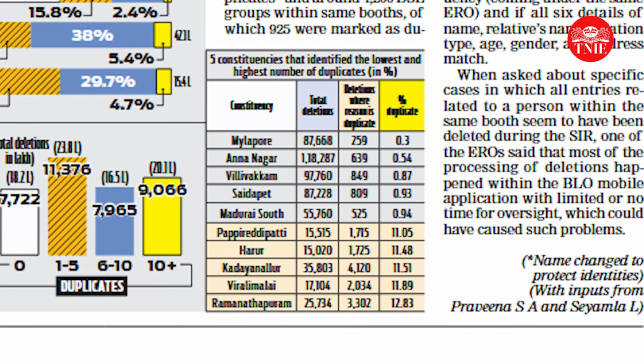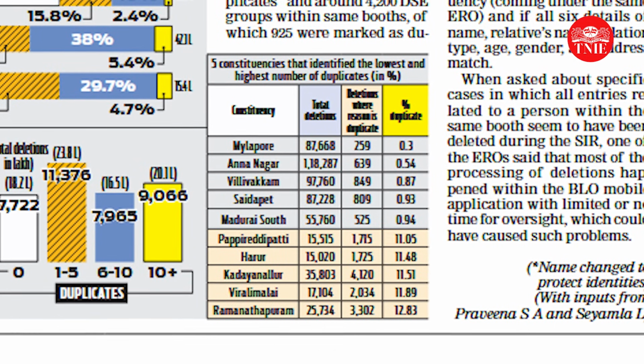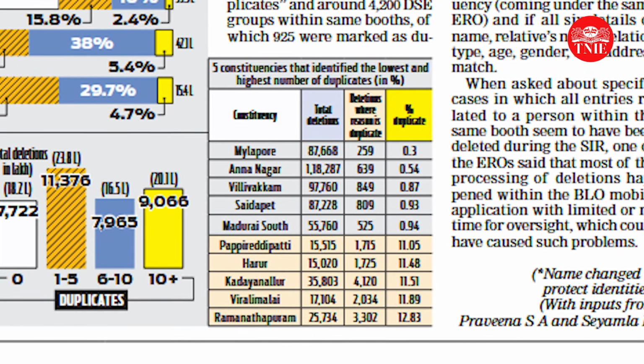The name is exactly the same. The door number is exactly the same. How this got in in the first place is problematic. And now what has happened is, all 3 entries have been deleted. And even stranger, the deletion reason for one entry is shifted, the other is deceased, and the third one is absent or something. It's really strange.